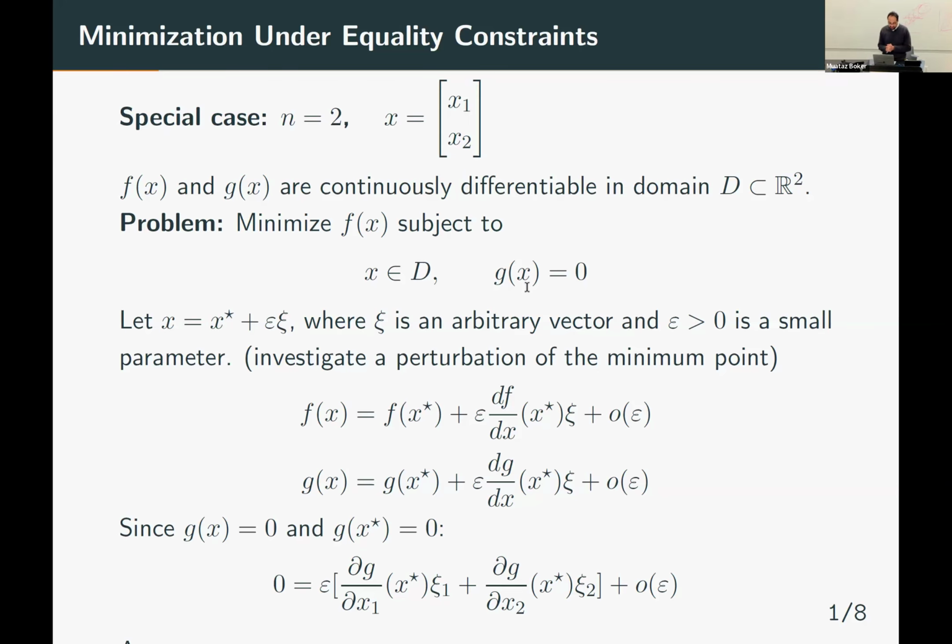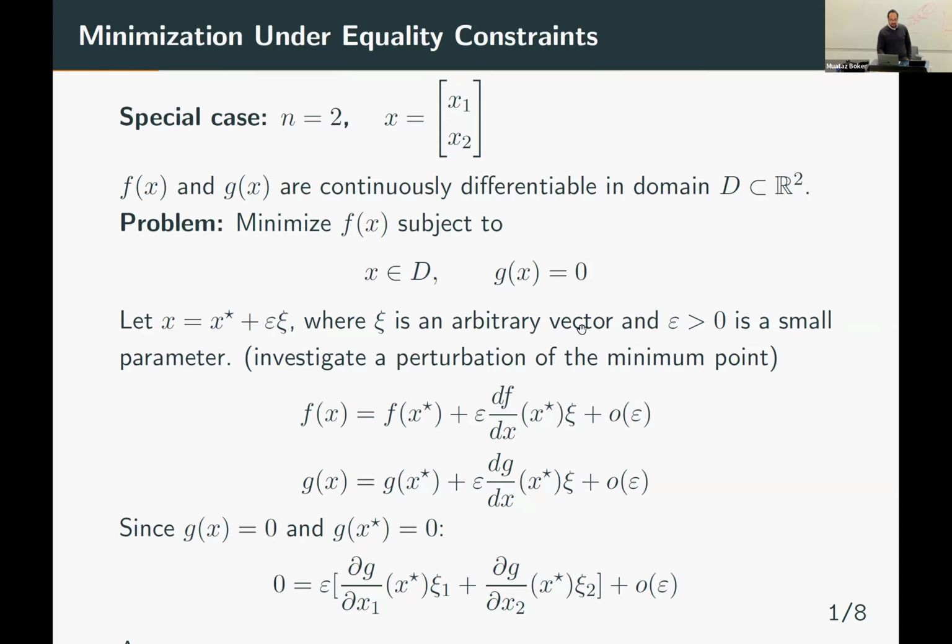That's the idea here. So let x equal to, here I'm going to perturb the minimal point. I'm going to assume that there is a minimal point and perturb it. In this case, the point is a vector, x1 and x2. I'm going to perturb it by epsilon, a small parameter, times c.